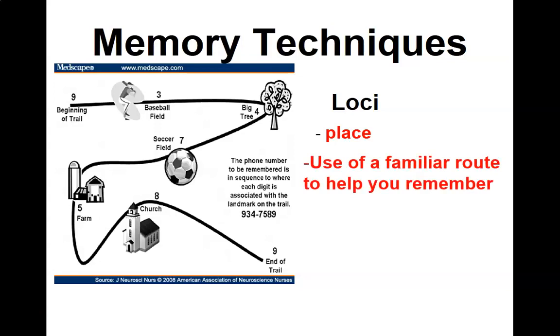Now, it seems kind of counterintuitive, if there's something that you need to memorize, that you're adding memory on top of memory. So the example over here, while this is a lame one, you're trying to remember the phone number and you're linking it with maybe a route, a familiar trek that you would take. Beginning of the trail, baseball field, big tree, soccer field, farm, church, and the end of the trail.